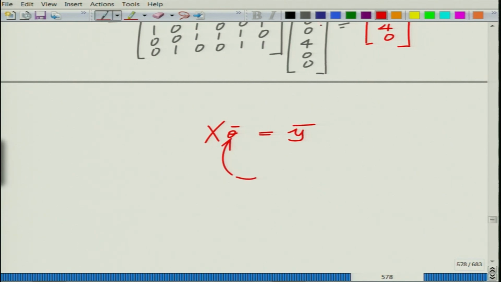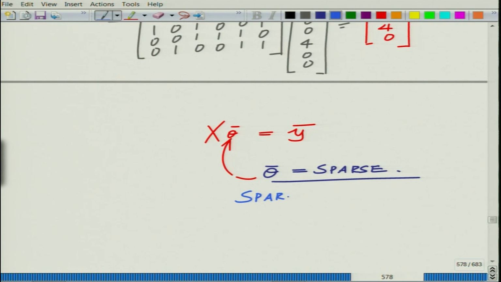More importantly, theta bar is sparse. So this completes our sparse regression.